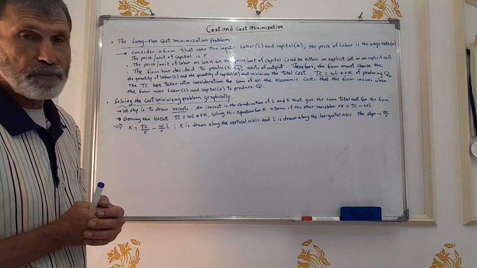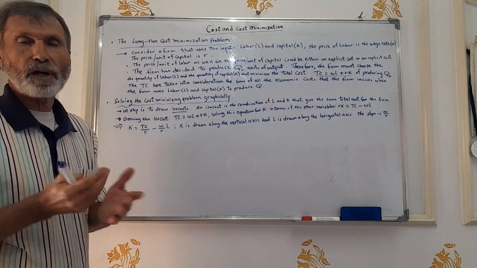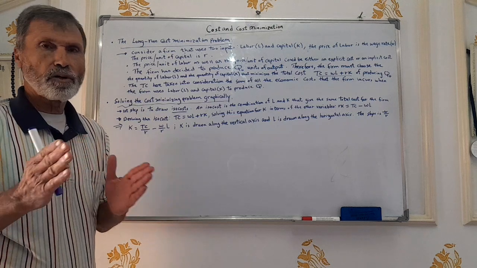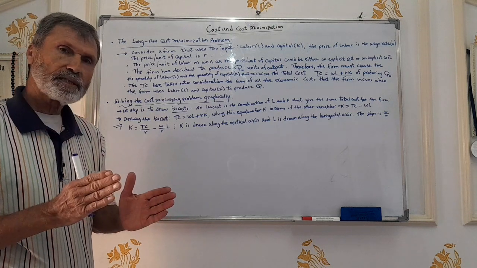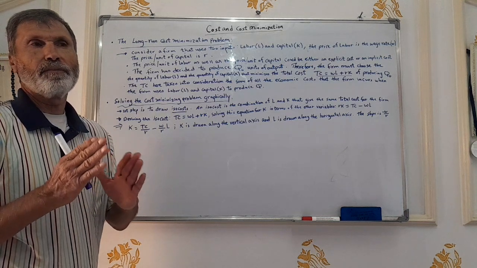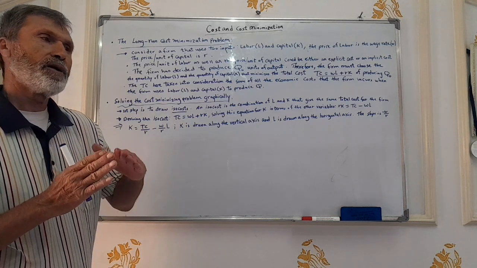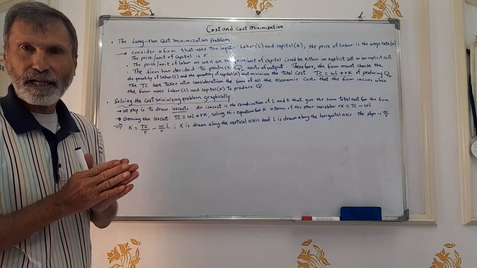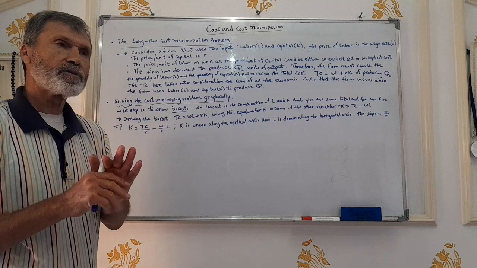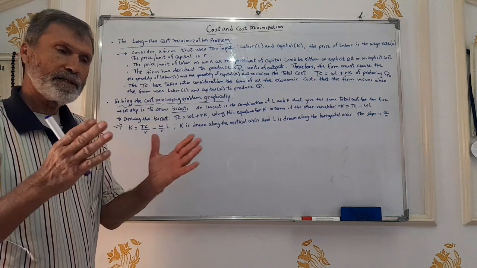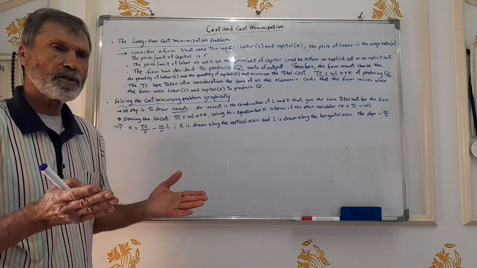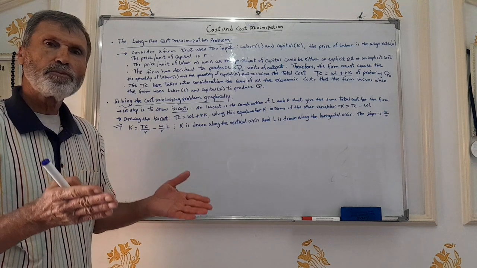And the same thing can be said about the price of capital. It can be either explicit or implicit. It is an explicit cost when the firm hires outside capital, when the firm buys outside capital services, such as hiring a computer.